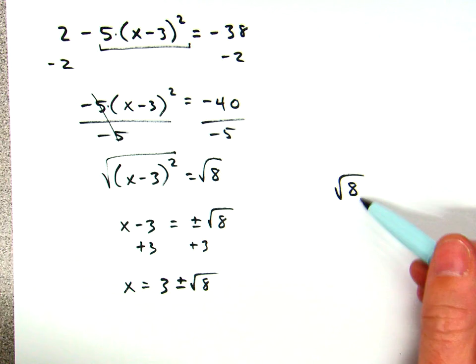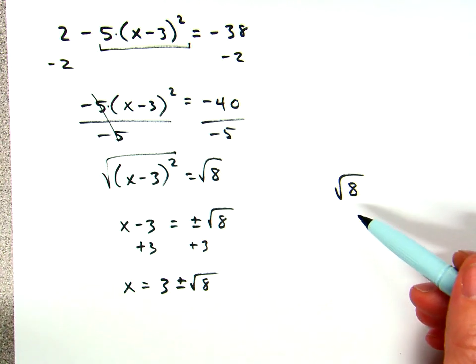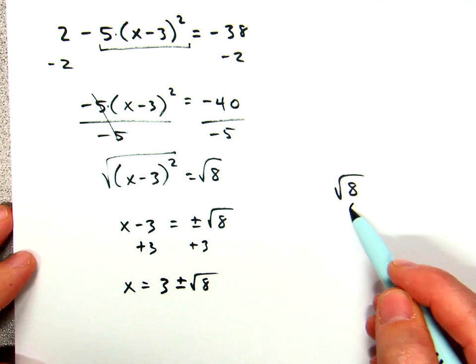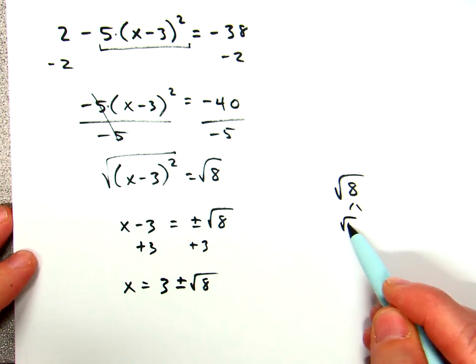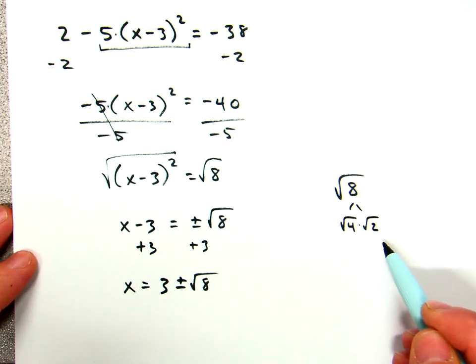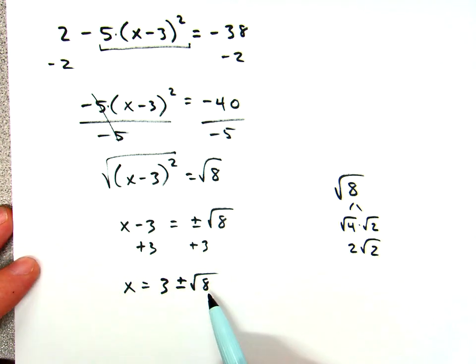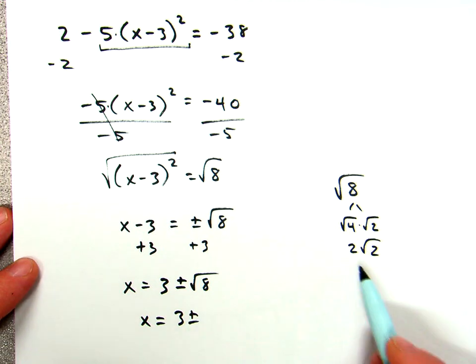If you need a little bit more help on reducing roots, you can go back and watch that video. But just going through this, I know that 8 is the same as square root of 4 times square root of 2, and square root of 4 is 2, right? So square root of 8 is really still the 3, still plus or minus, right, 2 root 2.